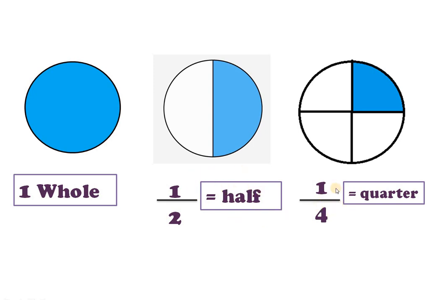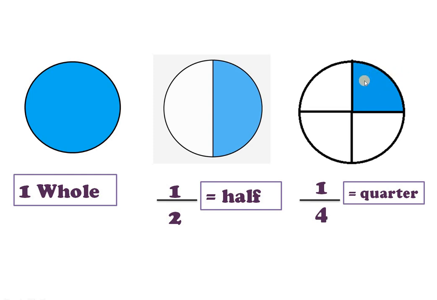Look at the third circle. It has 4 equal parts. Remember, all the parts should be equal to write the fraction. So the number in the bottom should be 4, and we have to count how many colored parts there are.